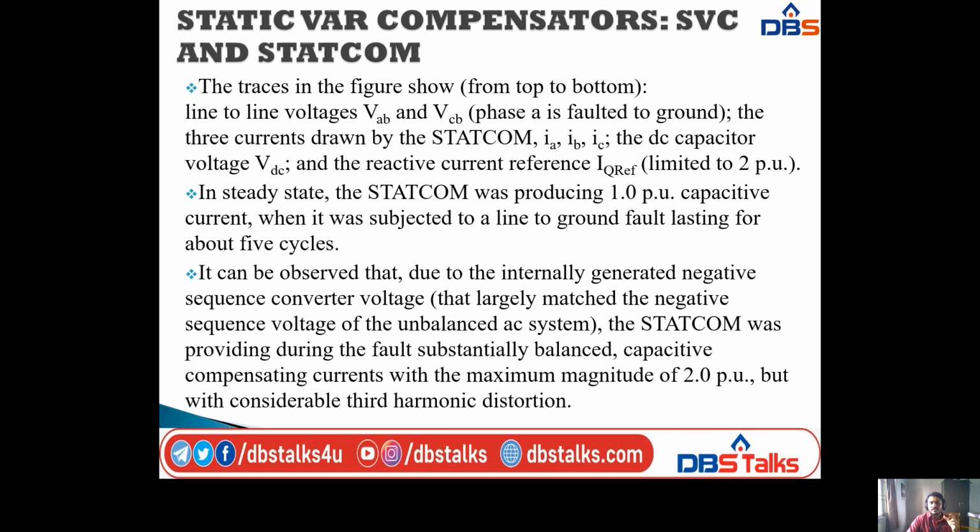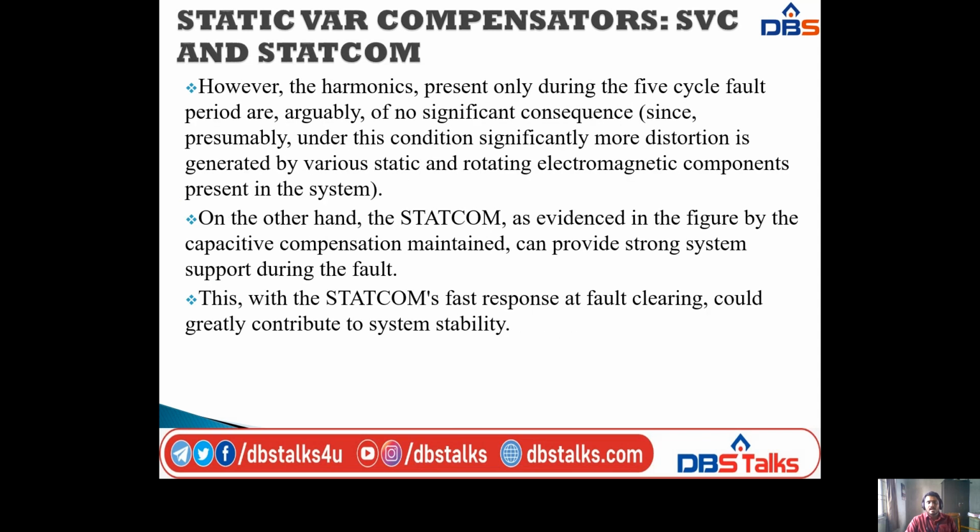It can be observed that due to the internally generated negative sequence converter voltage, the STATCOM was providing during the fault substantially balanced capacitive compensating currents with a maximum magnitude of 2 per unit, but with considerable third harmonic distortion. However, the harmonics present only during the 5 cycle fault period are arguably of no significant consequence.